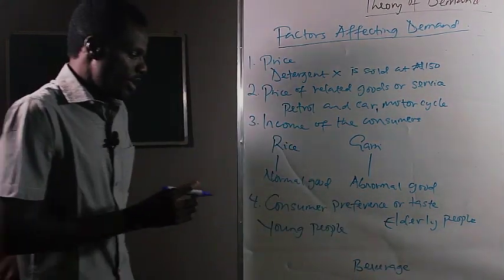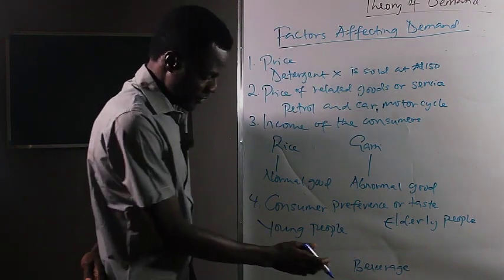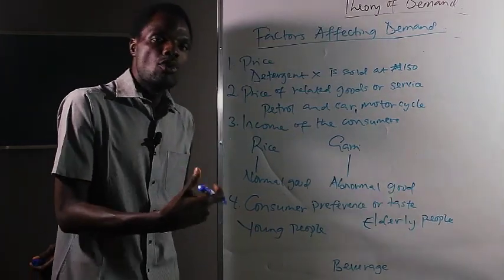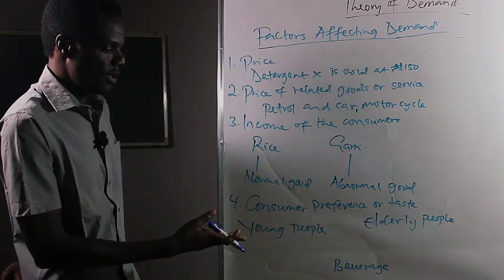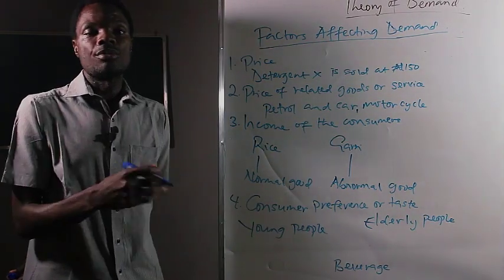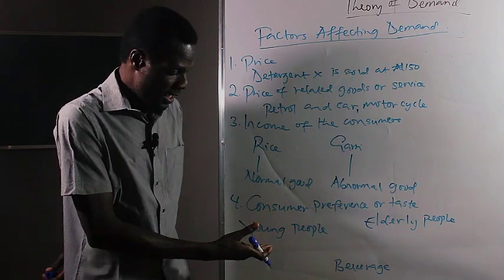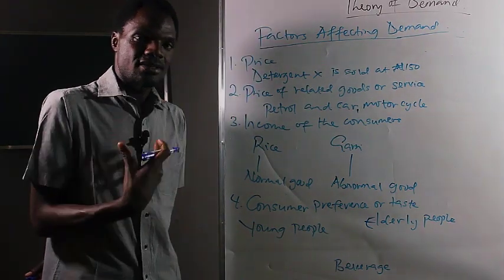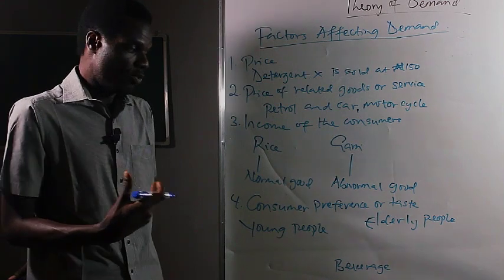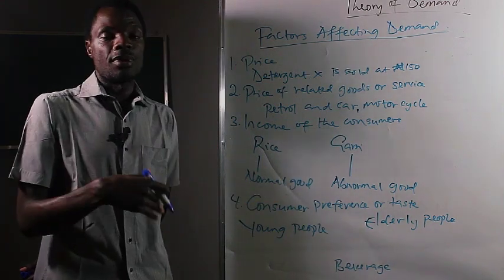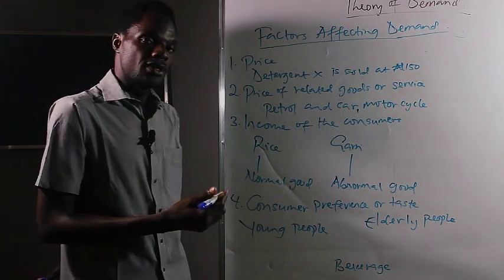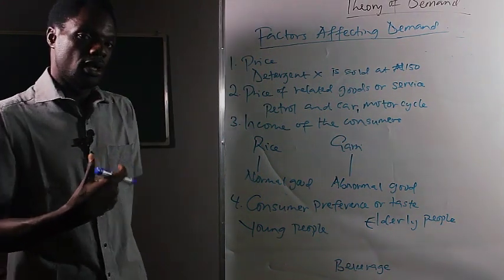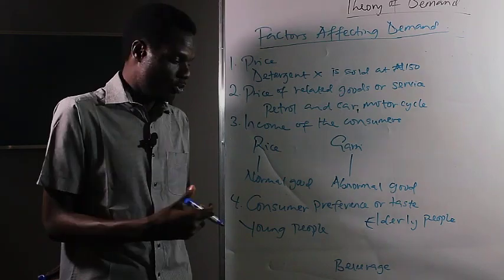Now, the first group, that is the young people, will have more taste towards beverage than the elderly. Why? Because of their age. So people that are young are considered to have great demand for beverage, while the elderly, maybe because of health condition or whatever reason, may develop a lesser demand for beverage.